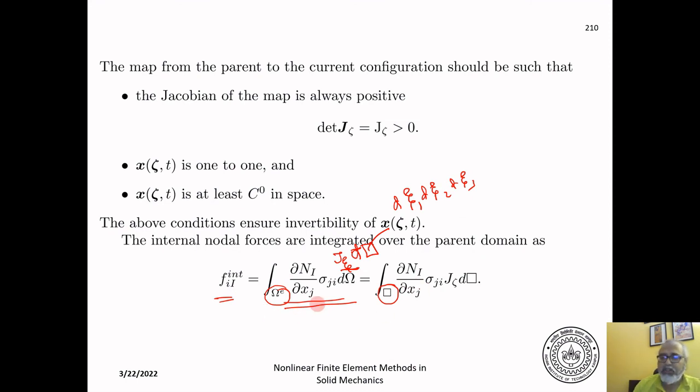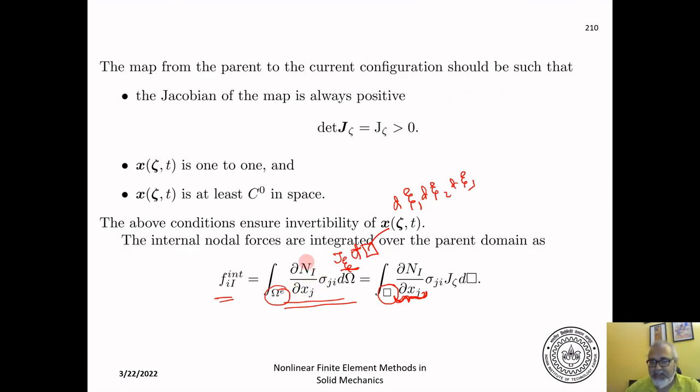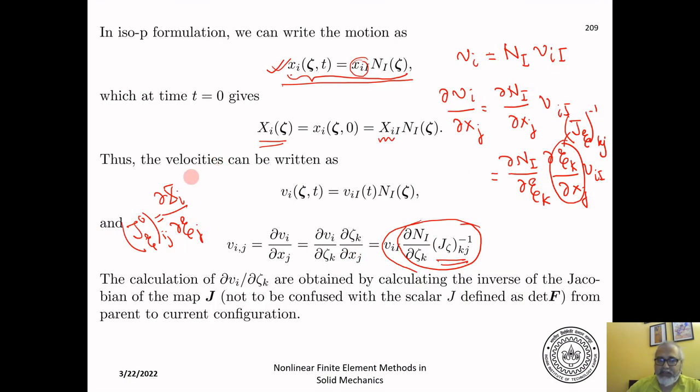This is similar to what we use for normal linear finite elements. The only thing that you should keep in mind is how to calculate this quantity. To calculate this quantity, you have to use this transformation in the case where you need spatial derivatives of N, and the transformation using this in case you need the material derivatives of N.